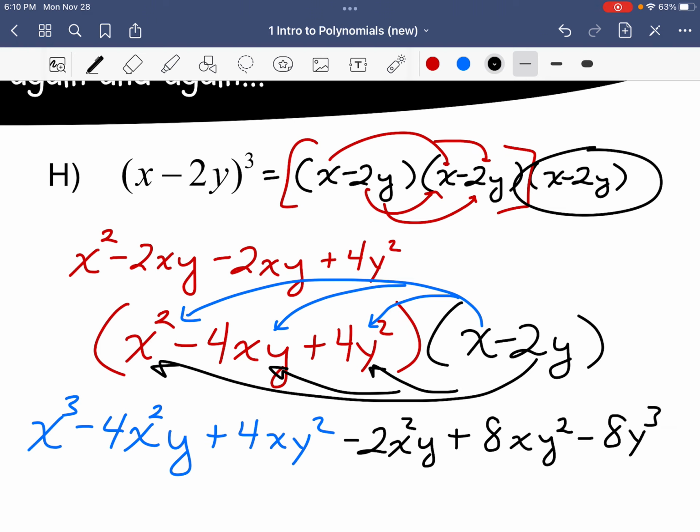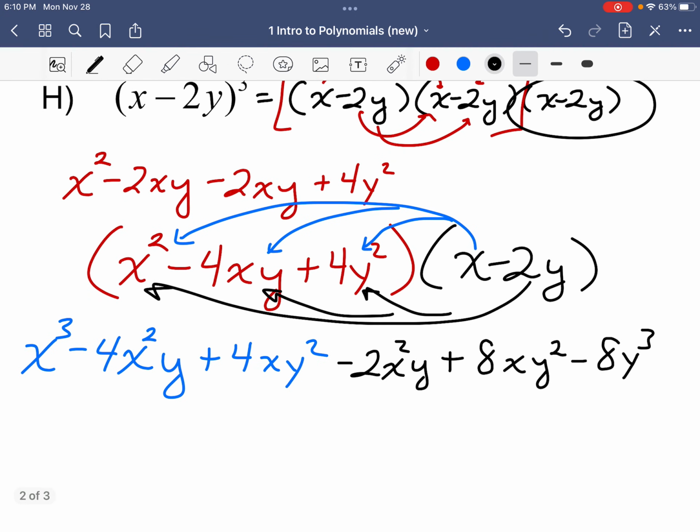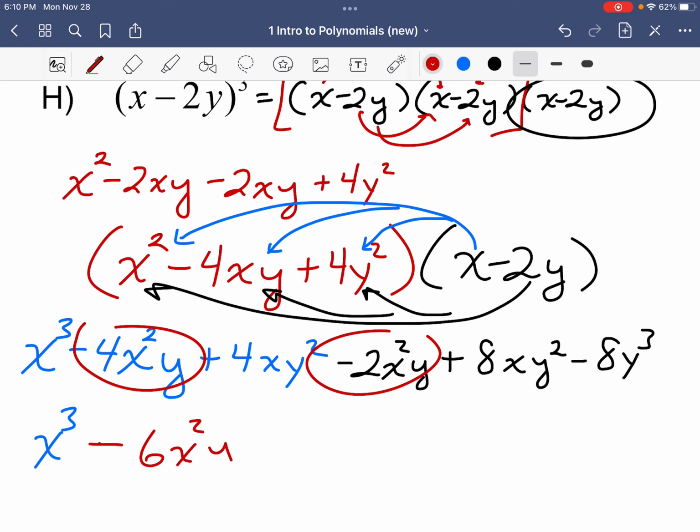Are you keeping track of everything? Because there are some like terms. Let's see here. This x cubed, nothing's like that, so we'll just keep that. But how about this 4x squared y? Isn't that the same as this negative 2x squared y? In other words, they have the same kind of variables. Yes, so I can combine those together to be negative 6x squared y.